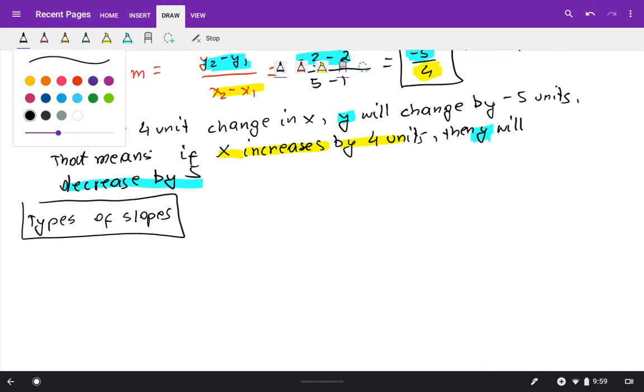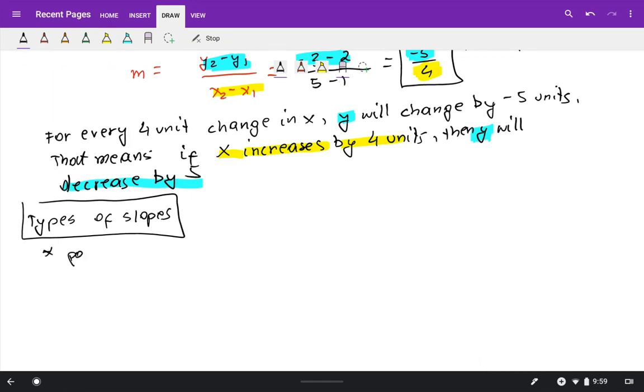So we can have a positive slope. That means that the line slants upward from left to right.